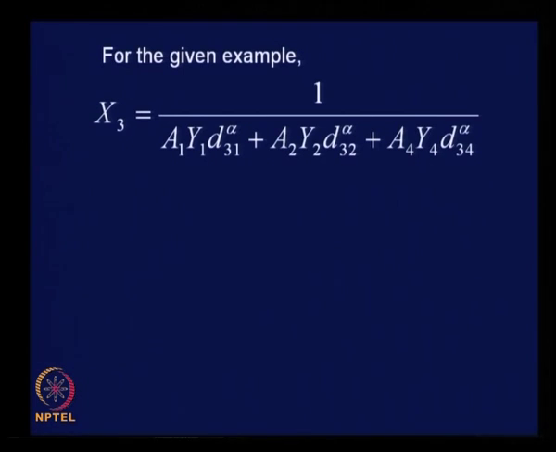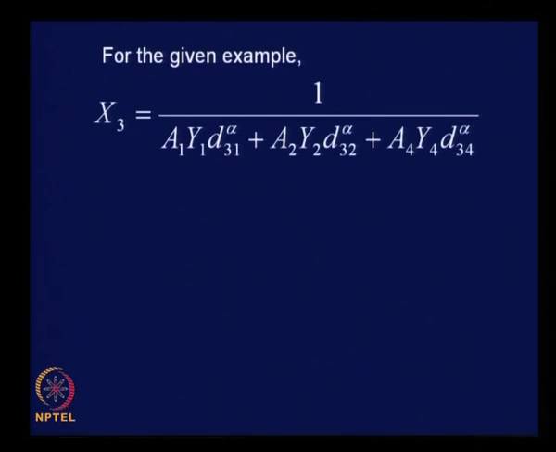For the given example, this is how we can write the xi equation. X3 can be written as 1 by a1 y1 d31 raised to power alpha plus a2 y2 d32 raised to power alpha plus a4 y4 d34 raised to power alpha.